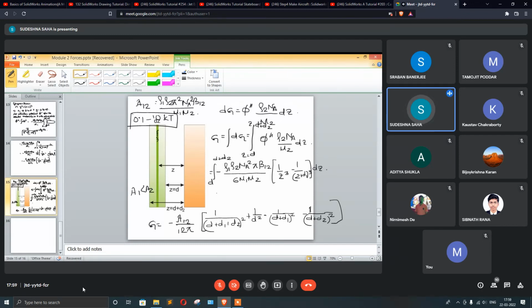Okay, and the most important thing from this discussion that we have done till now is that the Lifshitz van der Waals potential between two molecules or atoms decays with r to the power minus 6, if you remember properly. Then the decay is with z to the power minus 3 for the interaction between a single molecule and a macroscopic body, and d to the power minus 2 between two macroscopic bodies, right?